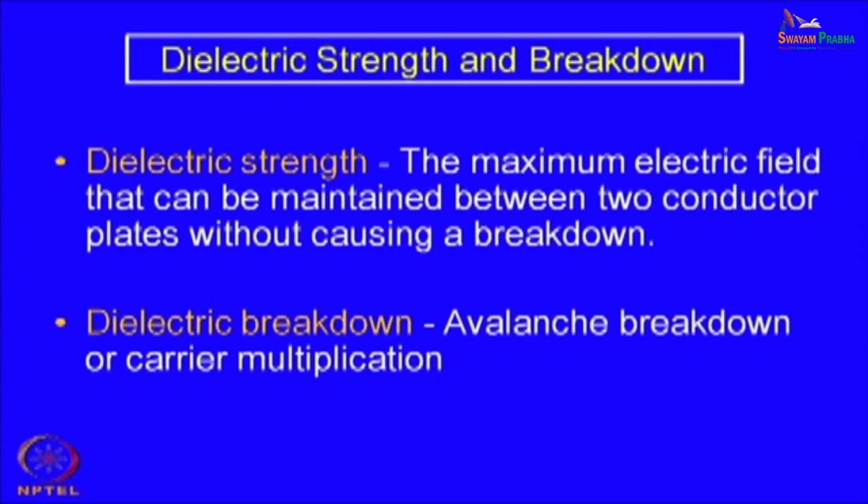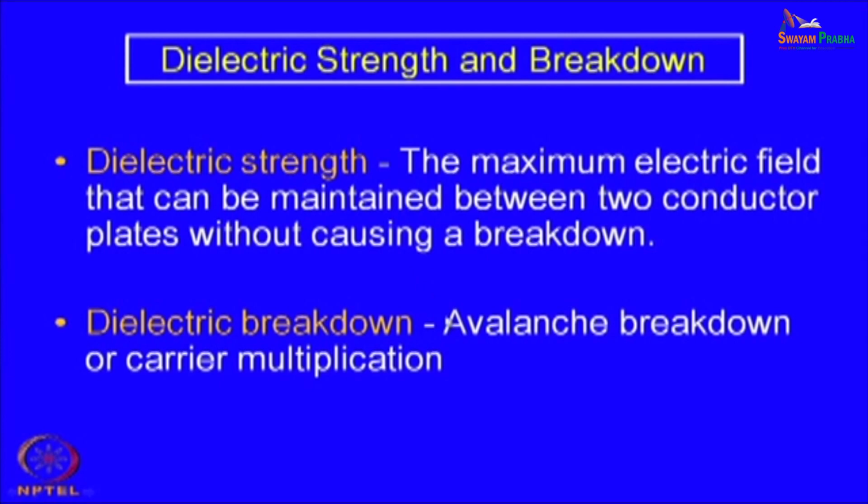Beyond that, what we call a breakdown takes place. So, there is a dielectric breakdown, and that means there is a heavy leakage current and the material almost becomes a conductor.